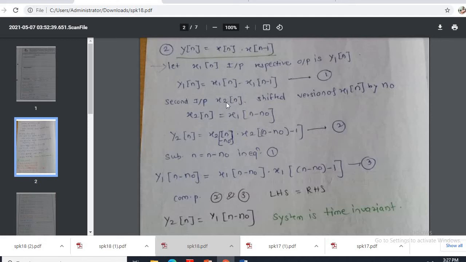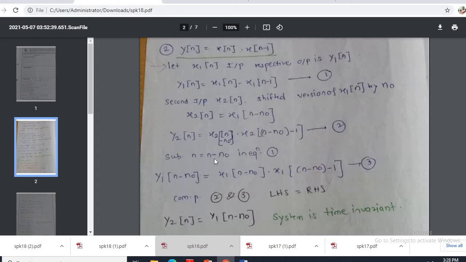Now the second input x2[n] we will give, which is a shifted version of x1[n], that is we are shifting the input. So x2[n] is equal to x1[n minus n0]. Now y2[n] is equal to x2[n] into x2[n minus 1], which becomes x1[n minus n0] into x1[n minus n0 minus 1], because we need to substitute n is equal to n minus n0.